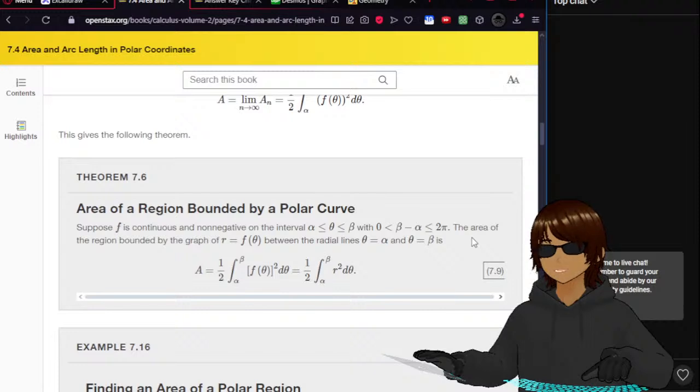What do they mean by this? Beta minus alpha is less than 2 pi. The area of the region bounded by the graph r equals f of theta between the radial lines theta equals alpha and theta equals beta is this.